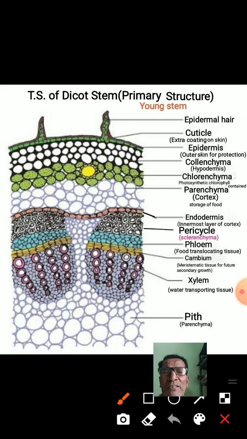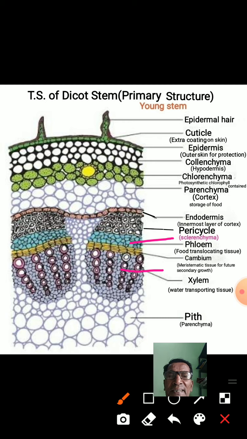And these vascular bundles show xylem. Above the xylem there is a phloem, one above the other. The xylem and phloem are placed just like the steps of a building, one above the other.